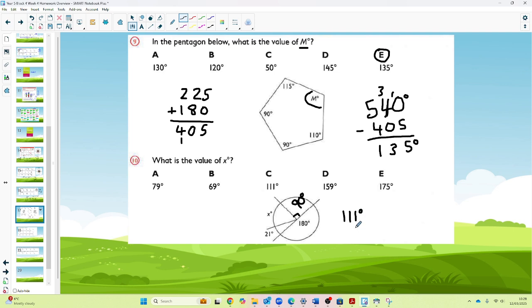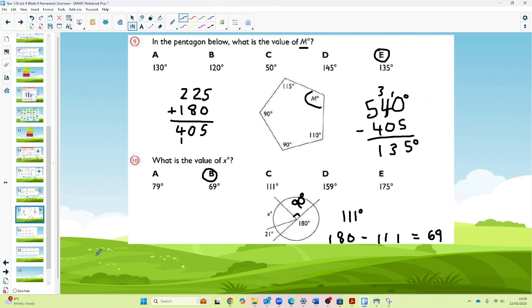And then with 111 degrees, we're then going to need to subtract that from 180. So 180 minus 111 is going to give us 69. So let's just double check that's one of the answers, and it is, it's B, 69 degrees.